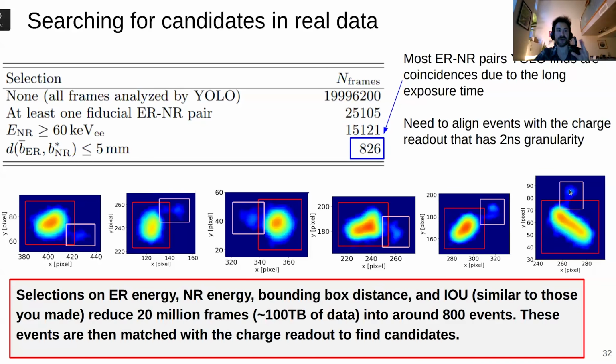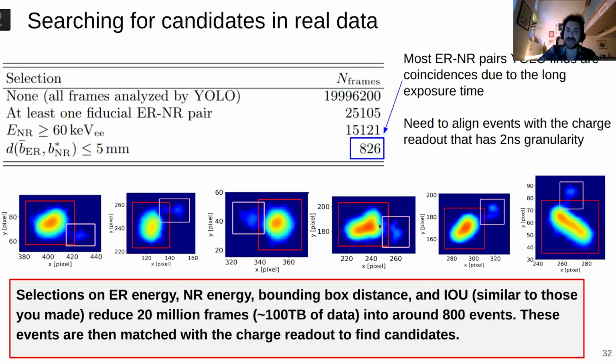At this stage, if you remember, I said we don't just have the camera readout, we also have that strip readout. This is the stage where you would need to correlate these events with your strip readout, especially because our camera exposure times are long. If you align these with your charge readout, that charge readout has 2 nanosecond granularity compared to 8 milliseconds in the camera.